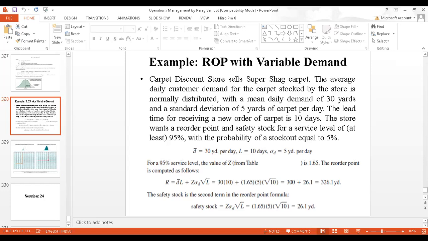The safety stock being negative is infeasible.